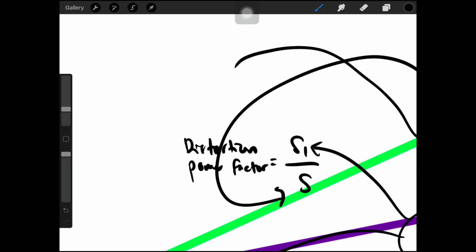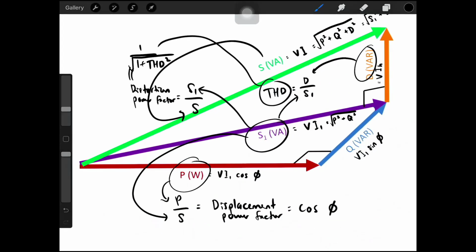Distortion power factor equals 1 over the square root of 1 plus THD squared.